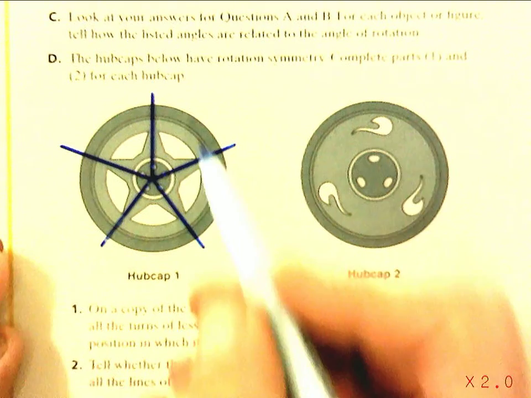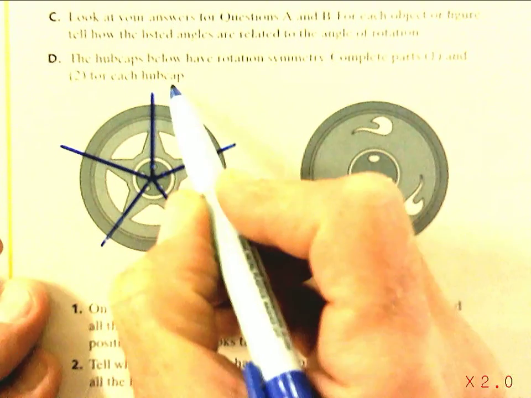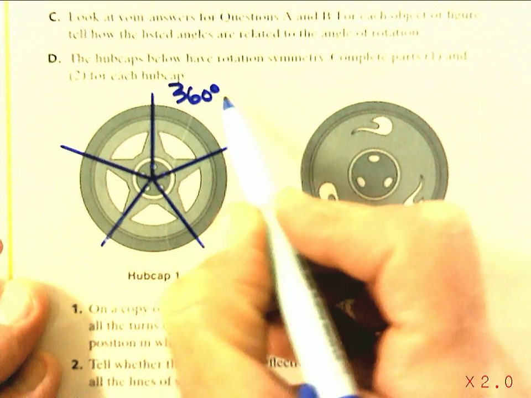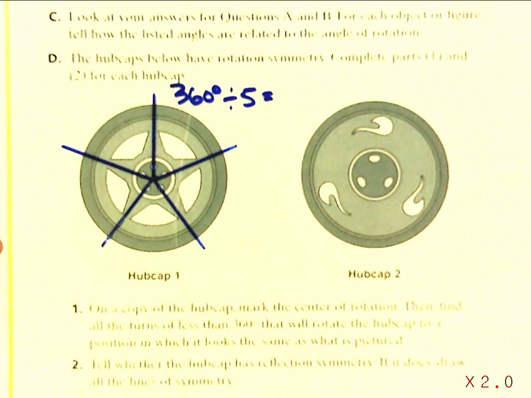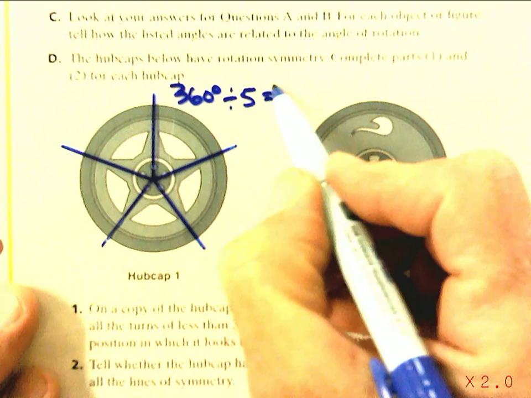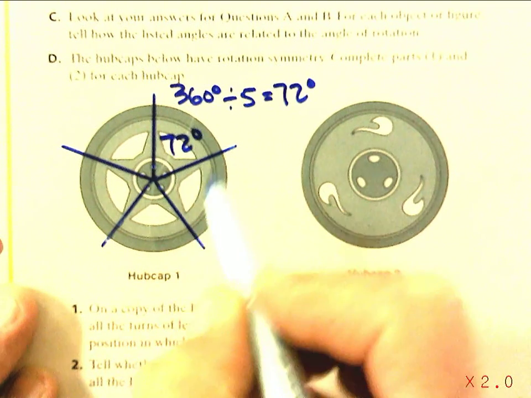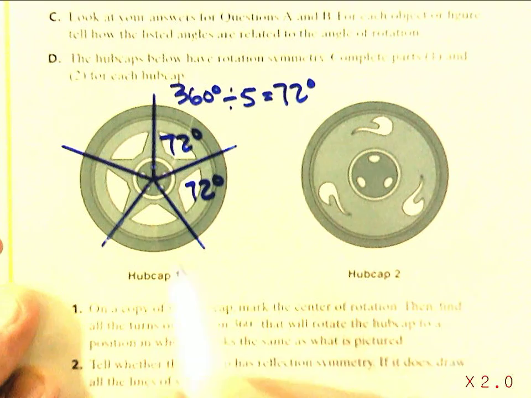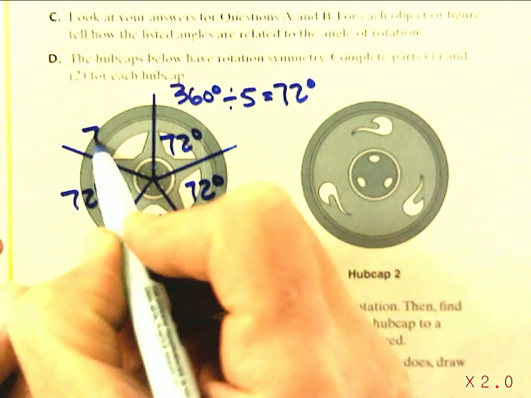So rather than using the angle ruler in this case, I know that all the way around is 360 degrees. And there's 5 angles. So if I take 360 and divide it by 5, then I'm going to get a little more exact. It looks like it's 72 degrees. So each of those is 72 degrees. And so all the different angles I can rotate this at are multiples of 72.